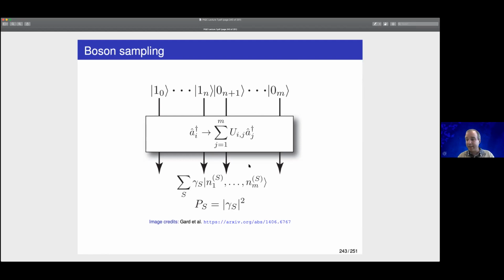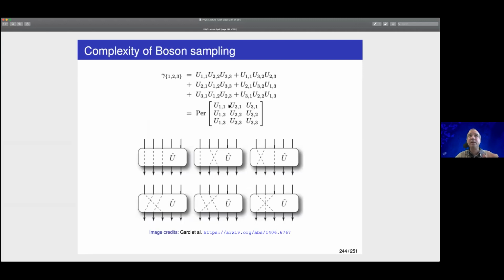And it has been shown that sampling from this distribution is difficult in practice. It's difficult for classical computers because it is related to what is called computing the permanent of a matrix. Of course, the operation of the linear optic devices that you have can be described by a unitary matrix.